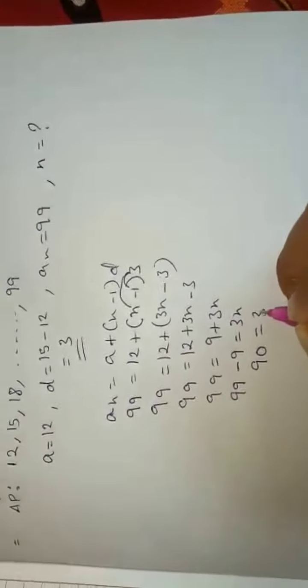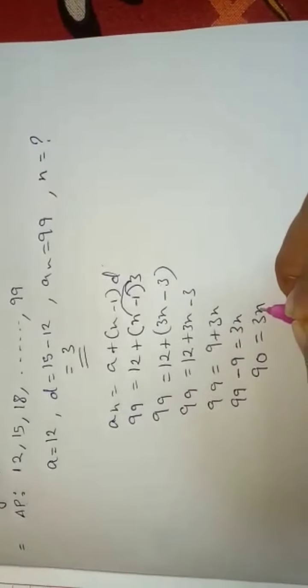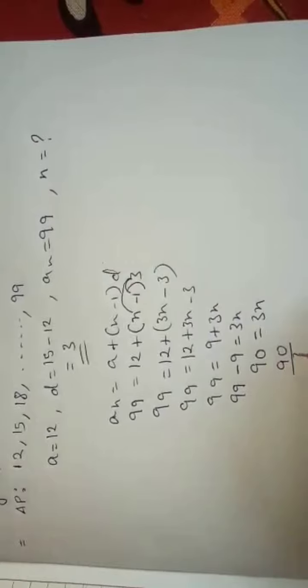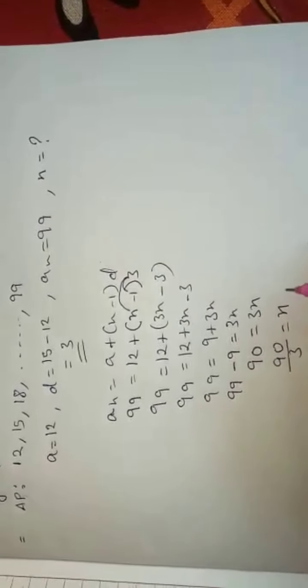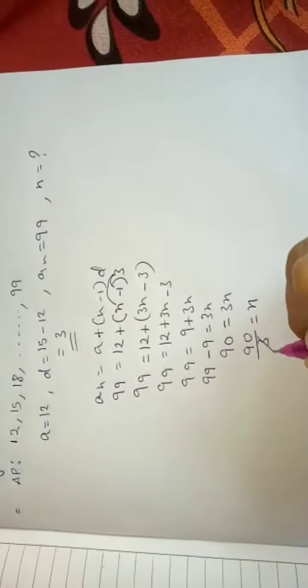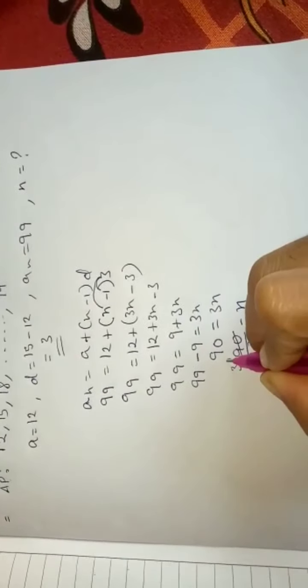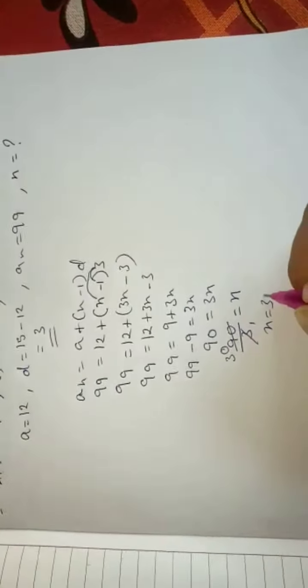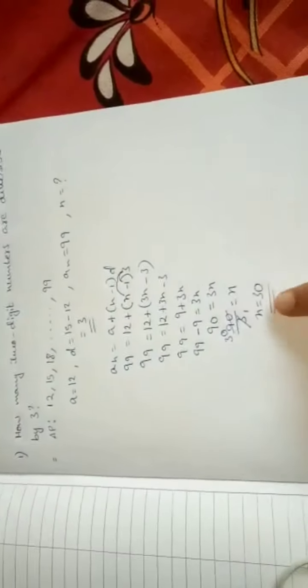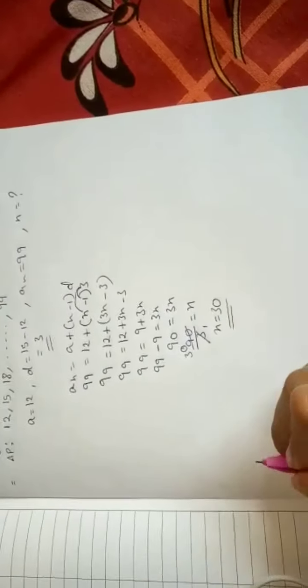90 equals 3n. Here 3 is multiplied to n, so when you take it to the other side, what does it become? Multiplication becomes division. So now divide 90 by 3. 3 ones are 3, 3 threes are 9, and 0. So n is equal to 30. So you got n. What was the question? How many 2-digit numbers are divisible by 3? So there are 30.